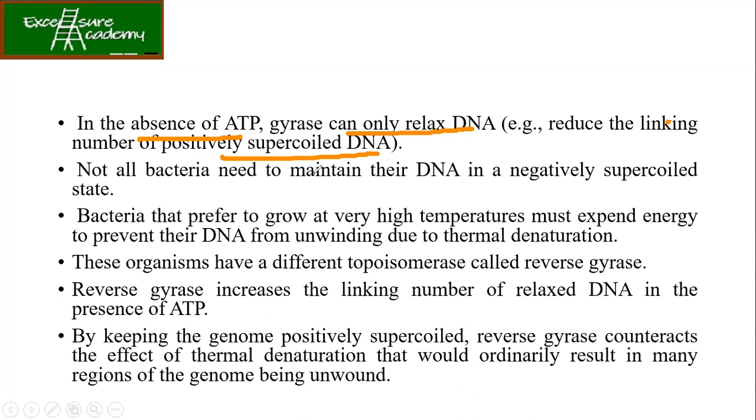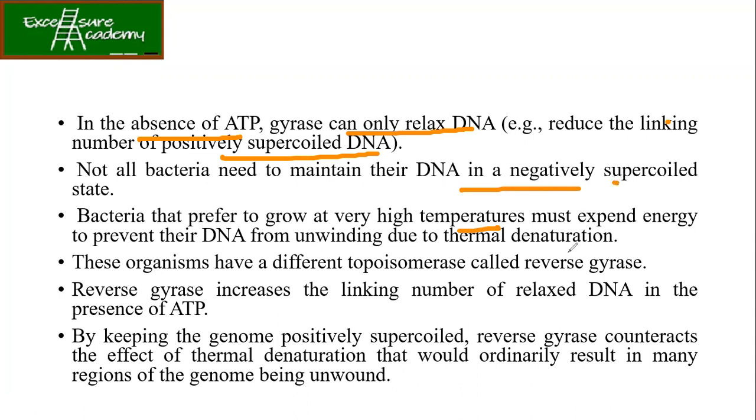Now, all bacteria need not maintain their DNA in the negative supercoil. Only the bacteria which are growing at very high temperature require to keep the DNA negatively supercoiled. Why?